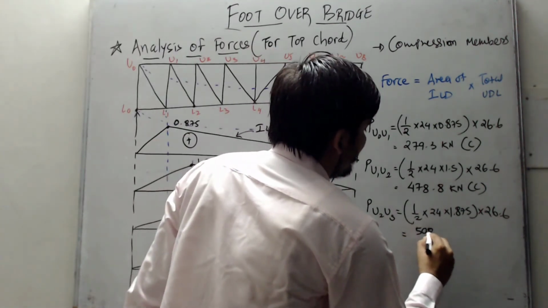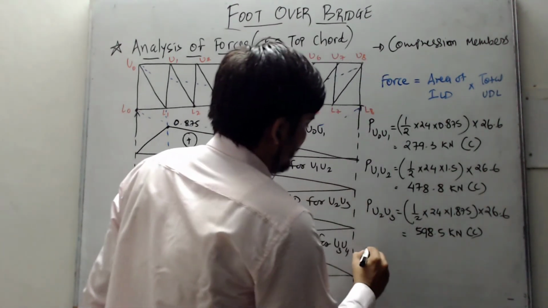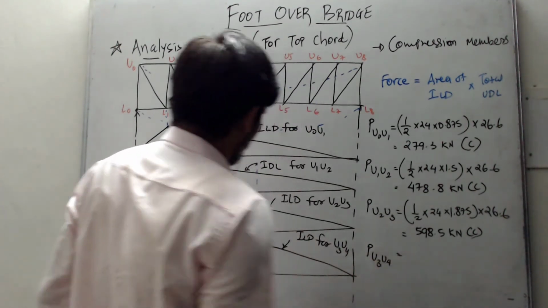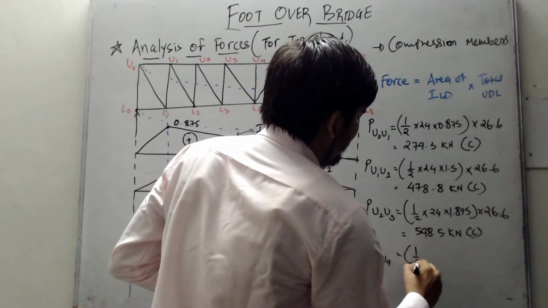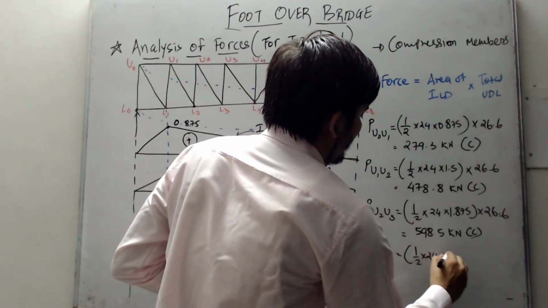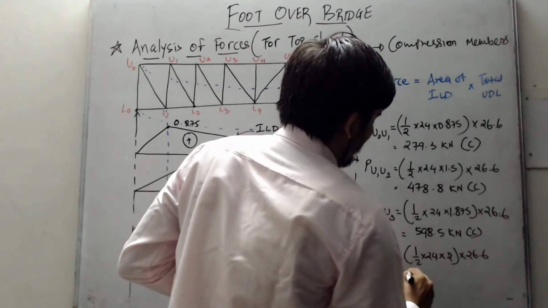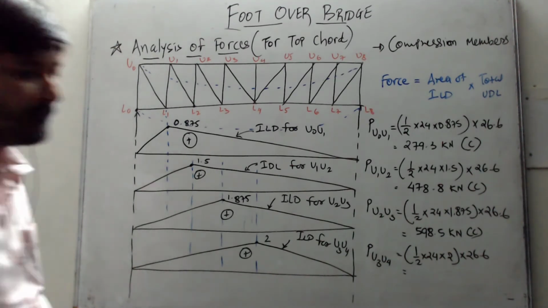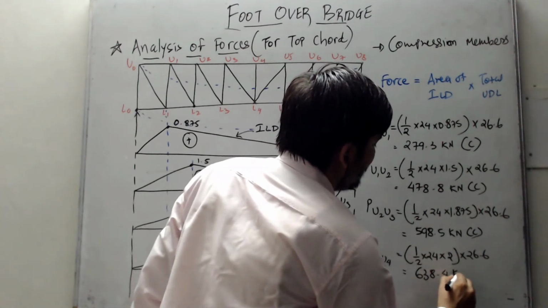It is in compression. And the last member, force in U3 U4. Again it is 1/2, base is 24 into height is 2 multiplied by 26.6. If you calculate this, you will get your answer as 638.4 kilonewton. This will be in compression.